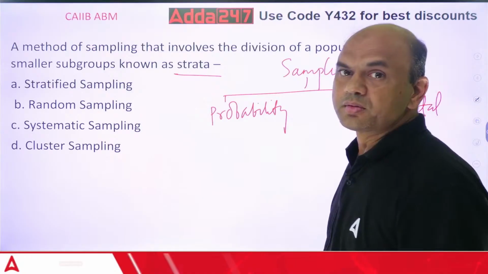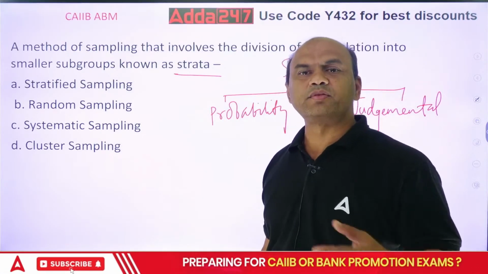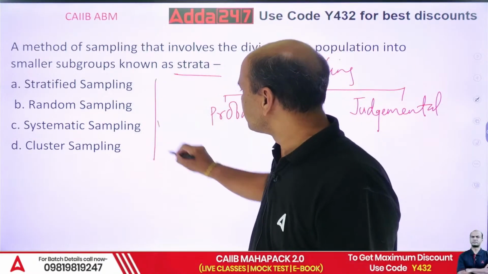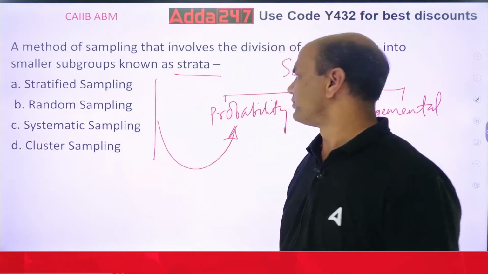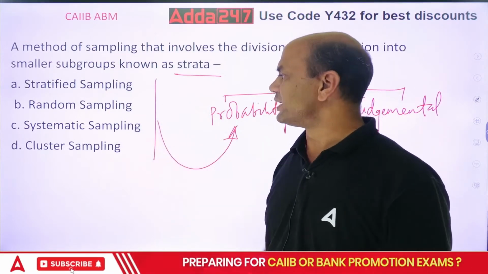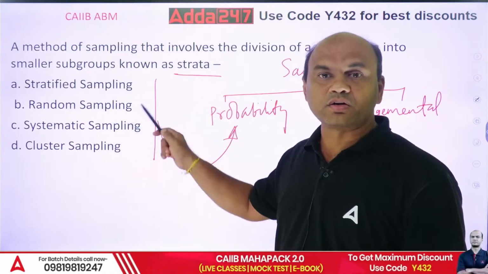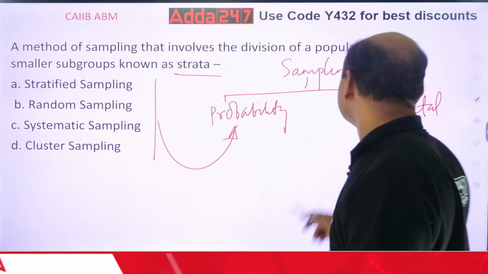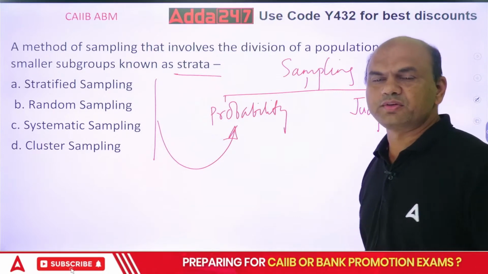Probability sampling means everyone has got equal chance. All these four are part of probability sampling: stratified sampling, random sampling, systematic sampling, cluster sampling. Non-probability or judgmental will have various names.